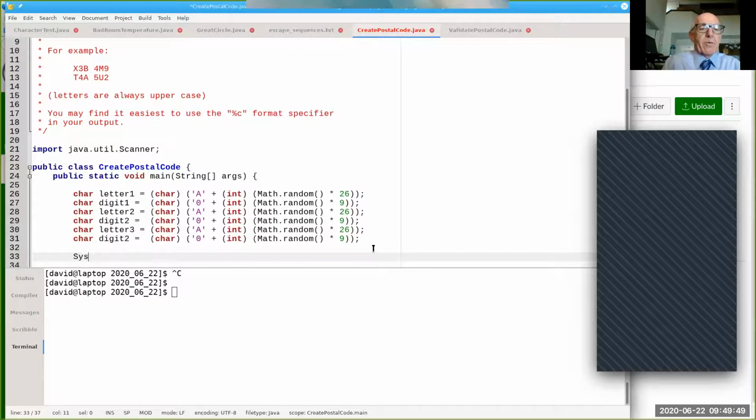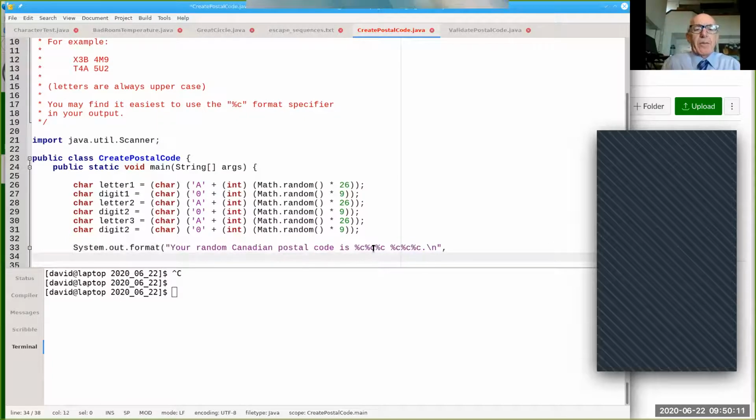Then we'll do a System.out.format: your random Canadian postal code is character, character, character, space, character, character, character, period.